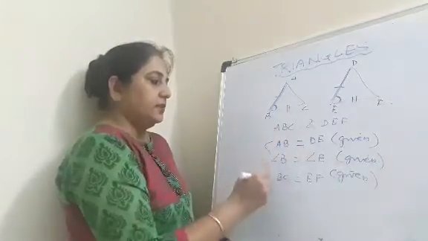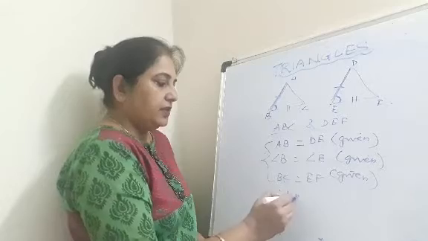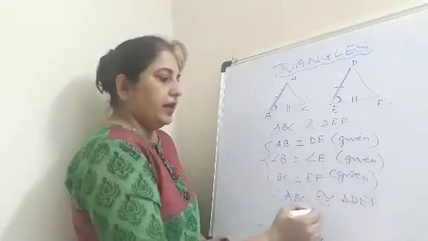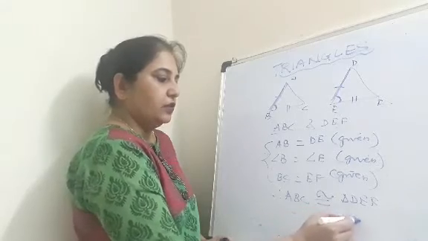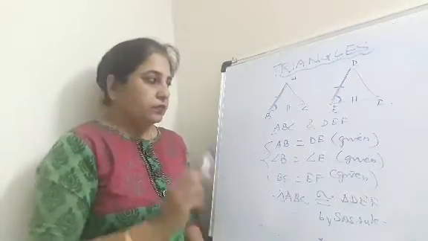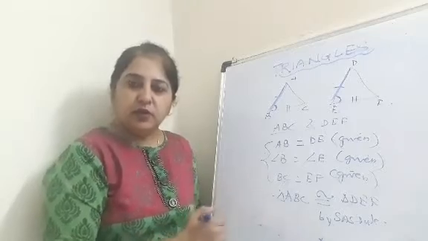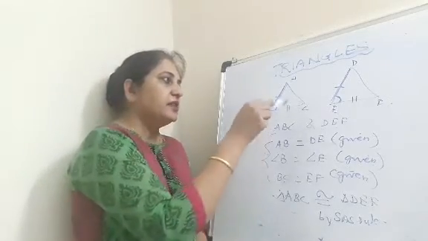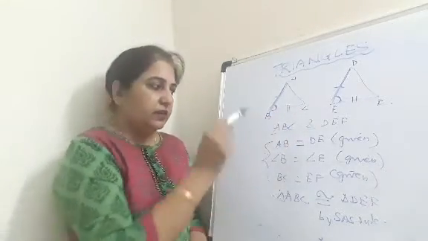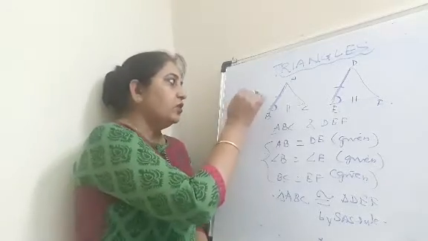After writing these three statements, we will write that triangle ABC is congruent to triangle DEF by SAS rule or by SAS congruence. Now, you have to name the triangles very carefully. That also I'm going to discuss with you, that if the side changes, how will you name the triangle in the given congruence.